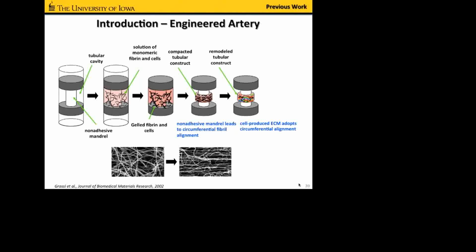And the general idea there is that if you control the way the gels compact in the initial phase, you can then create organization and alignment of the cell-produced matrix in a way that confers better mechanical properties to the tissue.